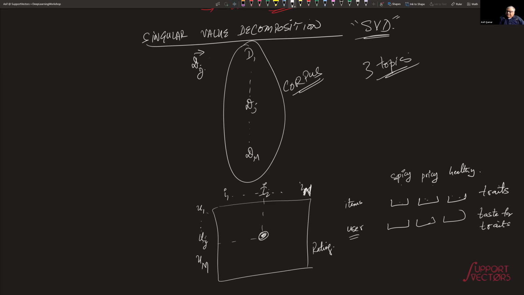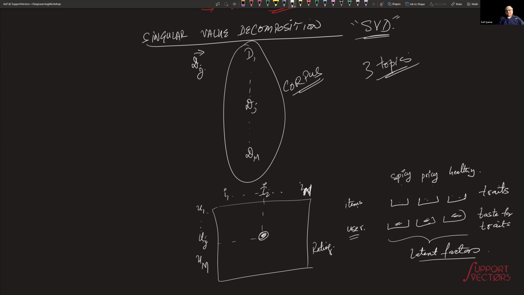And a user may have a certain tolerance for spicy, a certain price range that they will accept, and a preference for how healthy the food item is. That may determine whether this user purchases this item or not. Do we remember that, guys? So what did we say these were? These were the latent factors.